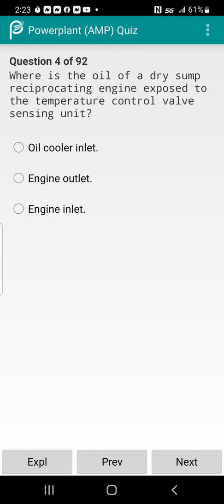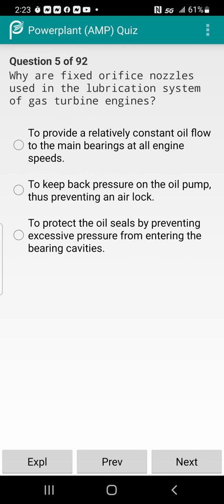Where is oil of a dry sump reciprocating engine exposed to the temperature control valve sensing unit? The oil cooler inlet.